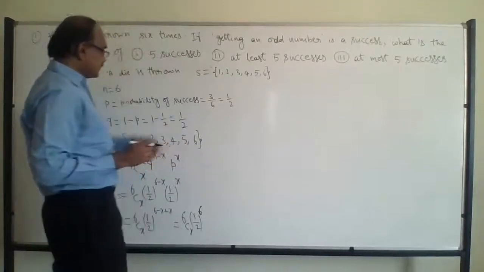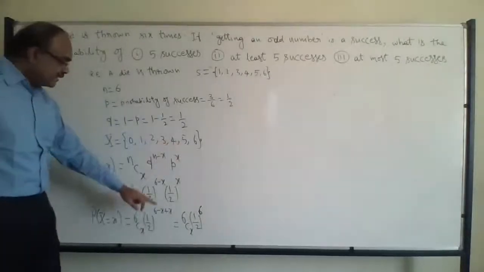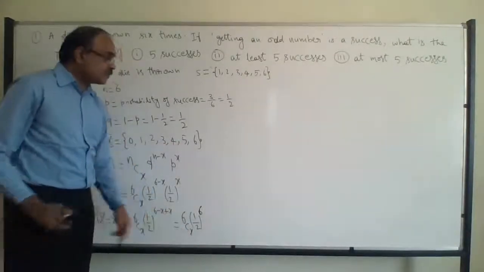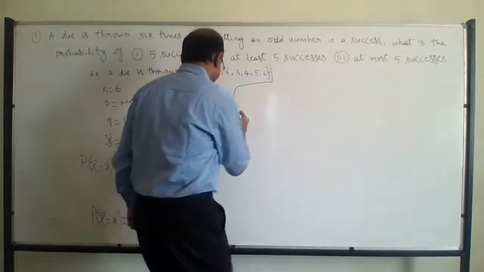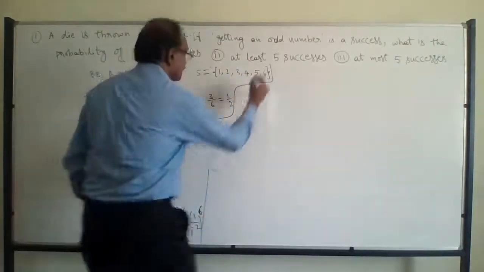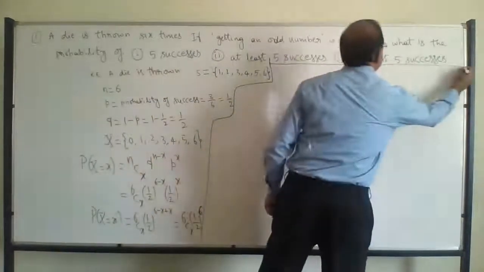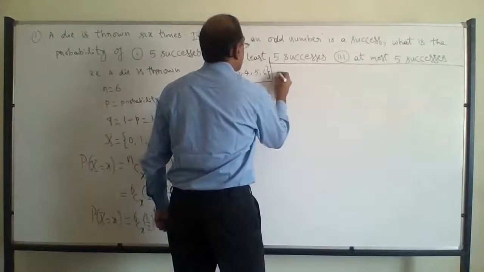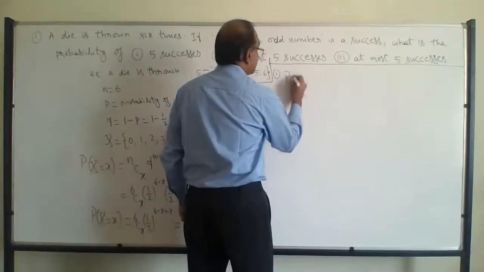5 successes means what? Your x value is 5, exactly 5. So in place of x, you have to put 5. The first one, I'll write it here. The first one is probability of getting 5 successes.